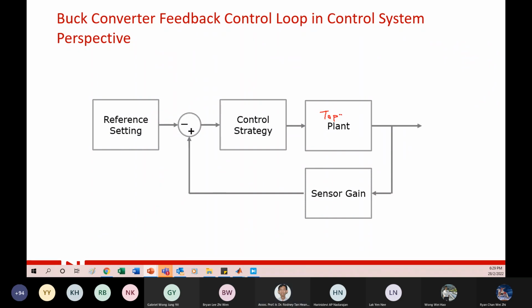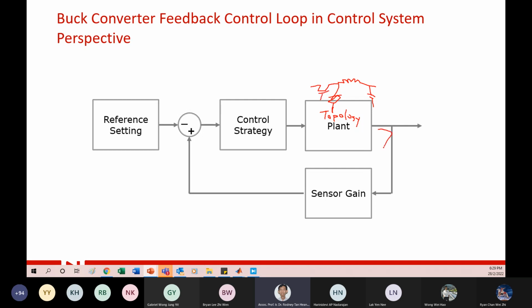That consists of the switching transistor, and of course the most important, the LC filter, and of course the diode and the transistor switch.